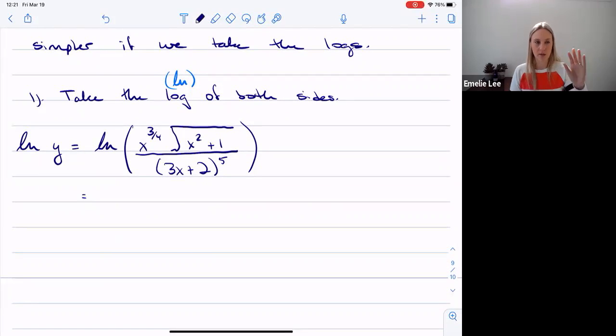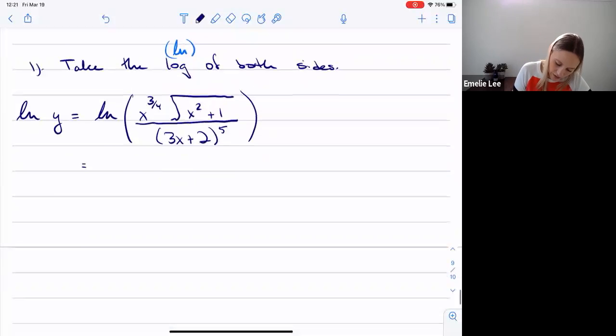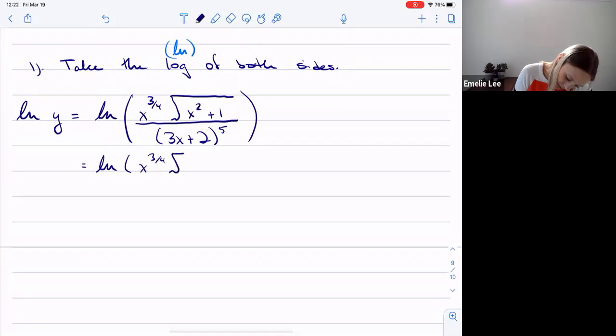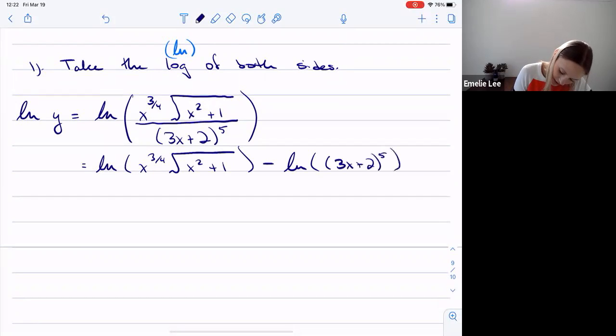So here, I'm going to write it as the log of the numerator minus the log of the denominator, just from the log laws. So this becomes the ln of x to the 3/4 times the root of x squared plus 1, minus the log of 3x plus 2 to the power of 5.